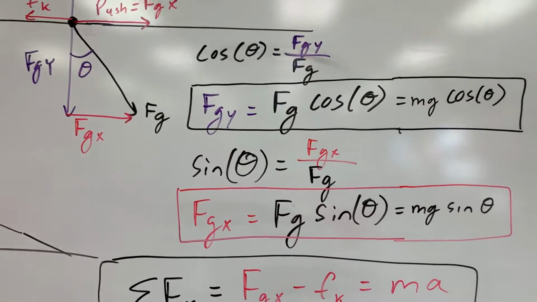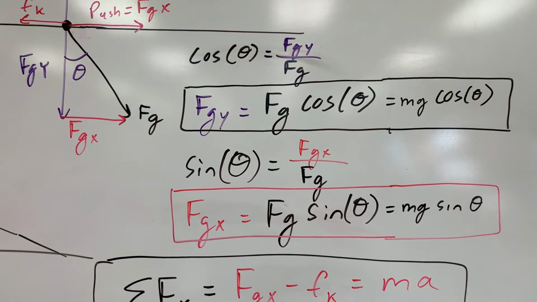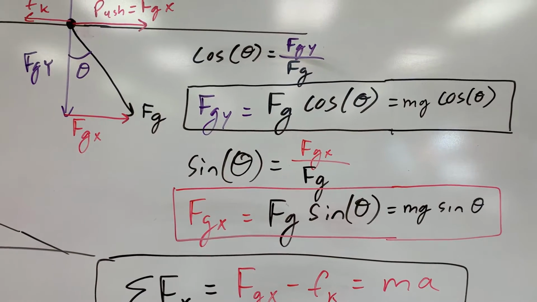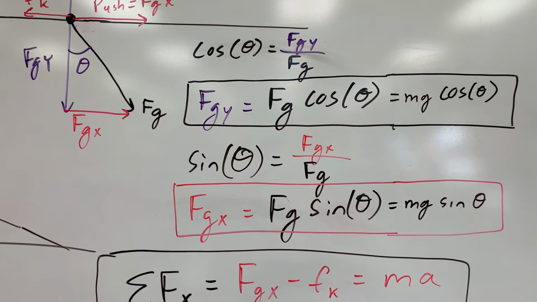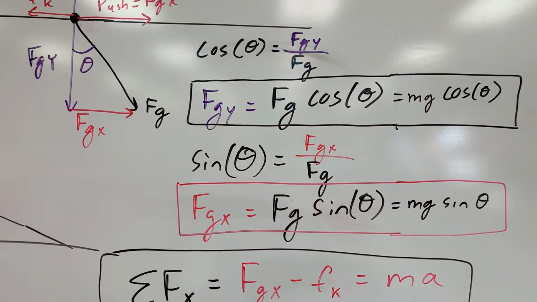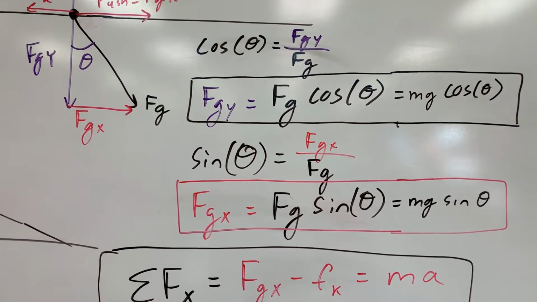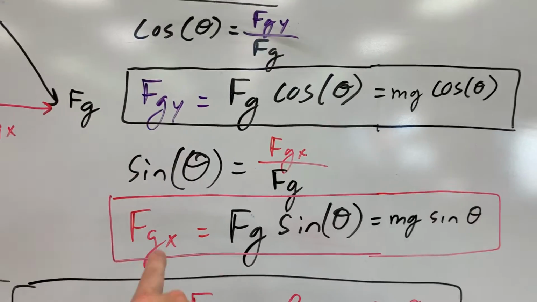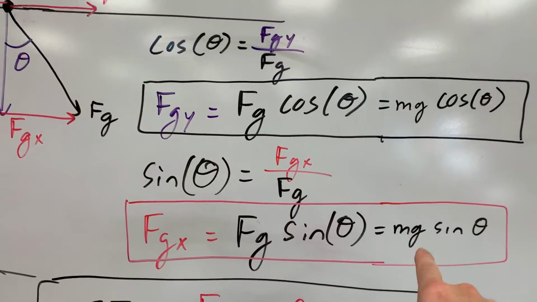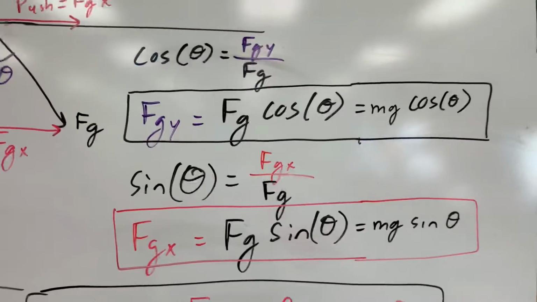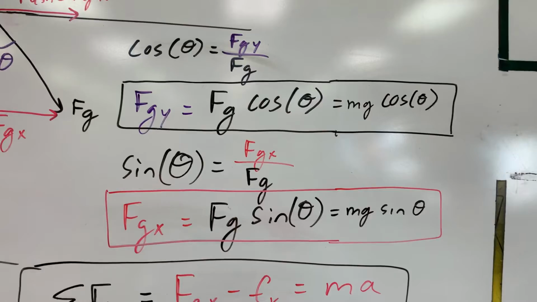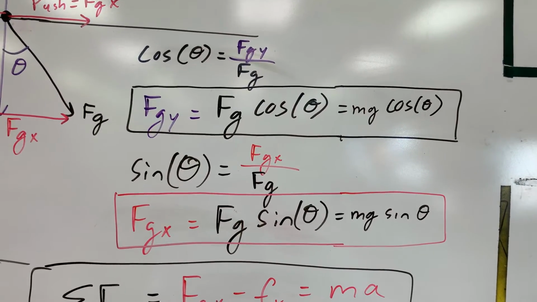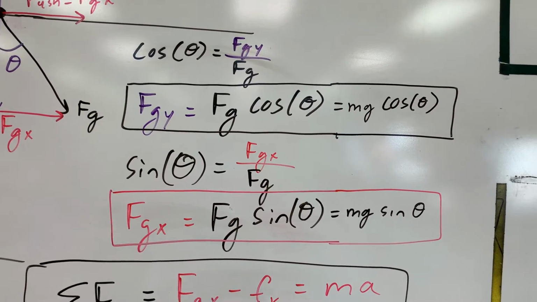So sine theta equals Fg in the x over Fg, okay, opposite over hypotenuse, okay? Rearrange my terms, Fg in the x equals Fg sine theta, or mg sine theta. So that tells me my force of gravity in the x is equivalent to mass times gravity times sine of theta. Okay, I've just done some trigonometry and solved for what my component forces are, Fg in the x, Fg in the y.